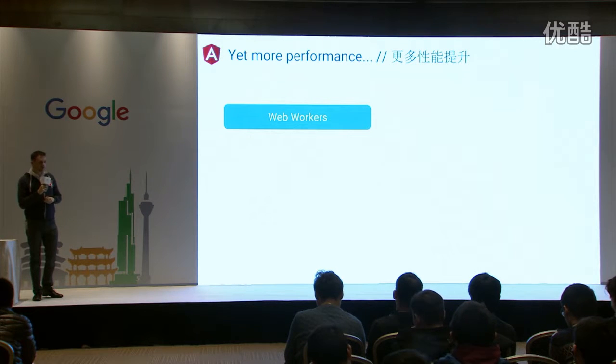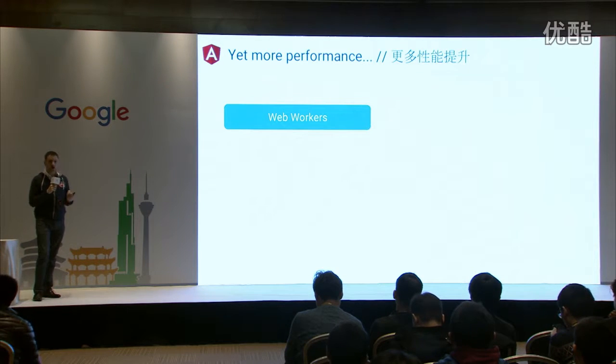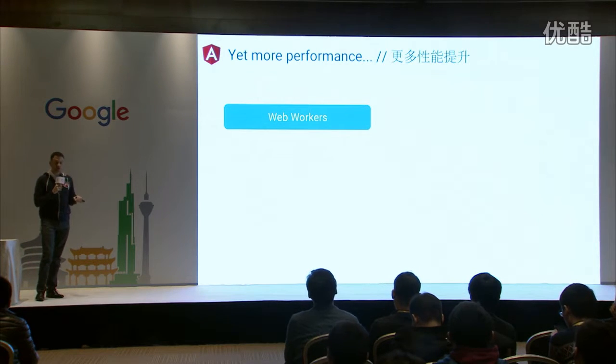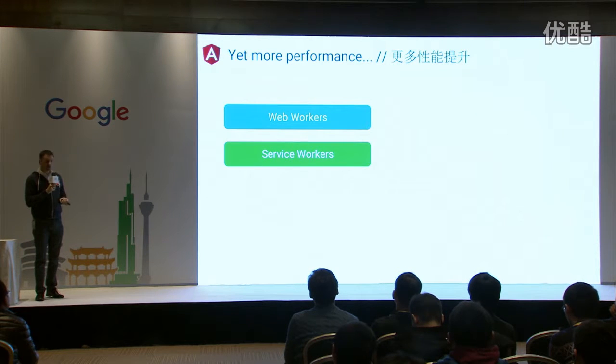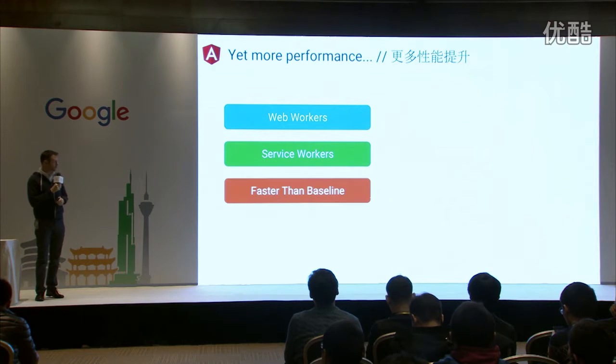There's a number of other things that we're doing to make Angular much more performant. You can run 80% of Angular in a web worker, which takes it off of the UI thread. Most JavaScript is traditionally run on the UI thread in a single-threaded manner, and this allows you to access multi-threading. You can run it in a service worker and do offline, which means that the user doesn't have to wait for a network round trip to load your application.